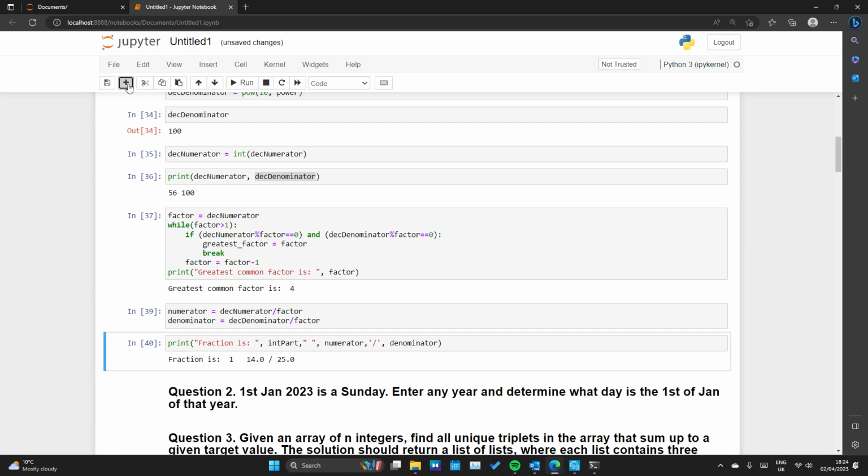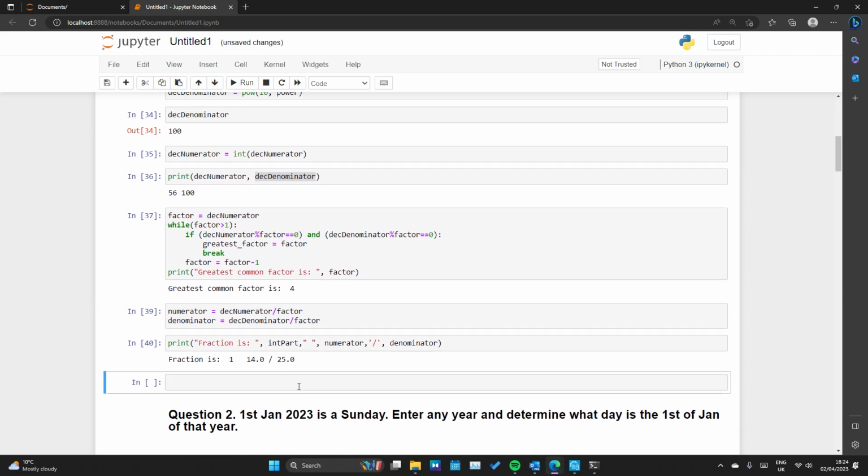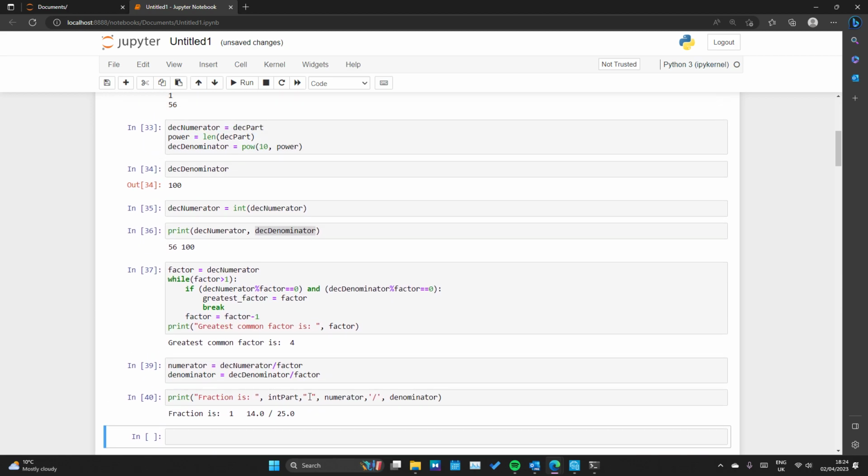Now, 1 is the integral part, and 14/25 is the fractional part. If you wanted to write this without the integral part printed separately, we can also write it like this: fraction is, comma, so numerator is int part.